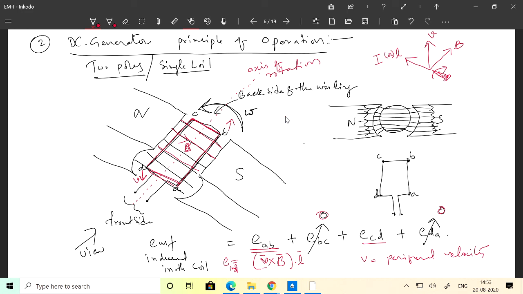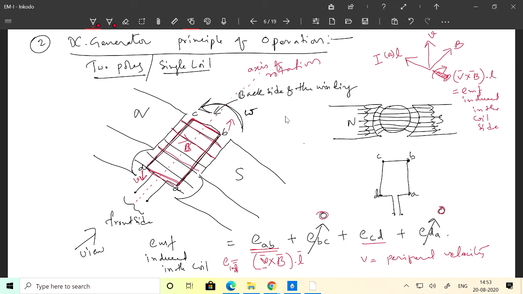So V cross B dot L is the EMF induced in the coil side.